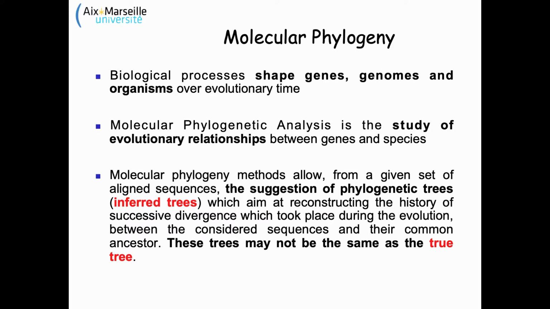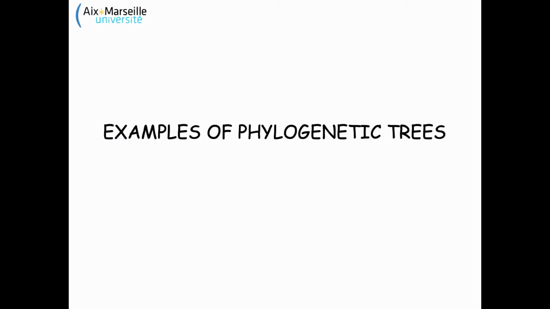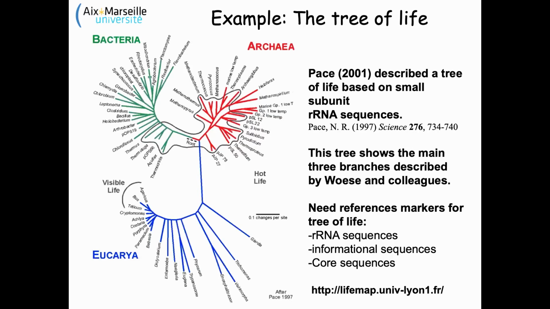We only infer the trees, and we hope that the inferred tree really reflects what happened during evolution. So the tools you are going to use, keep in mind, only give you a hypothesis about the tree, called an inferred tree. Now we are going to see some examples of phylogenetic trees. The first one is the tree of life.